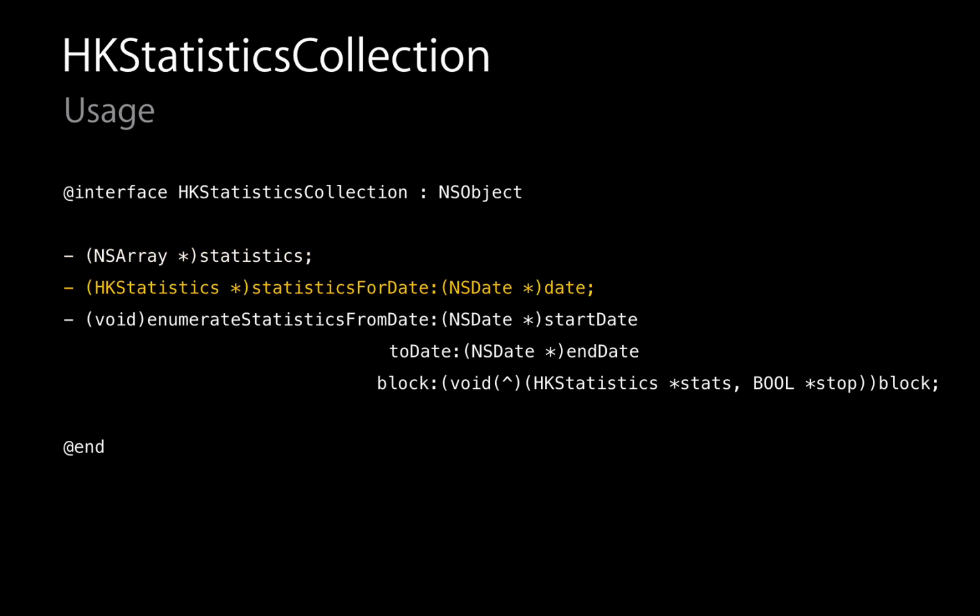You can ask for the statistics that occurred on a particular date. What this will do is find out which time period your date falls into and give you back the statistics from that time period, whether or not there was any data. Last, you can enumerate across all of the statistics between 2 dates. This will return both populated and non-populated statistics objects.